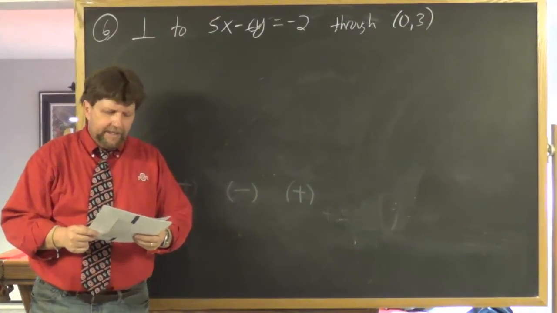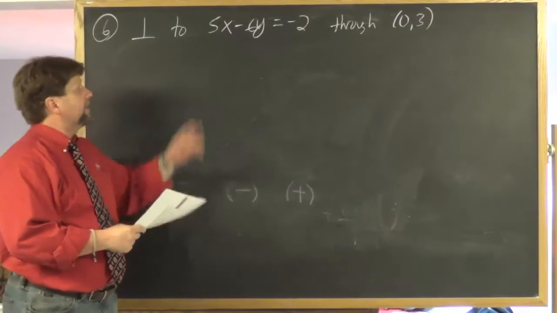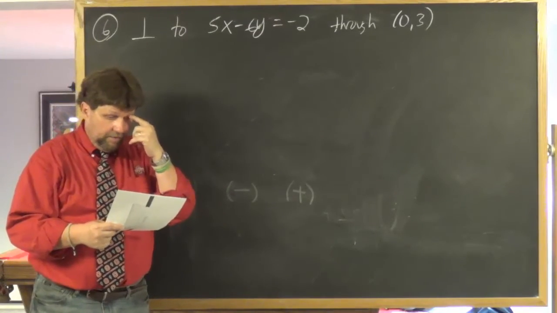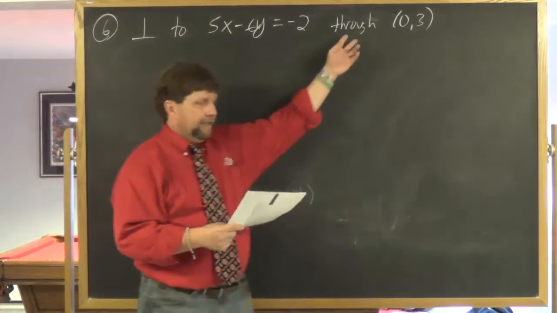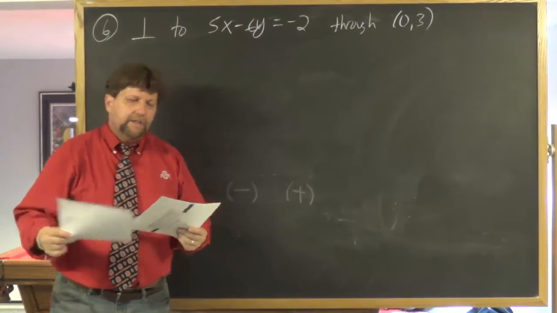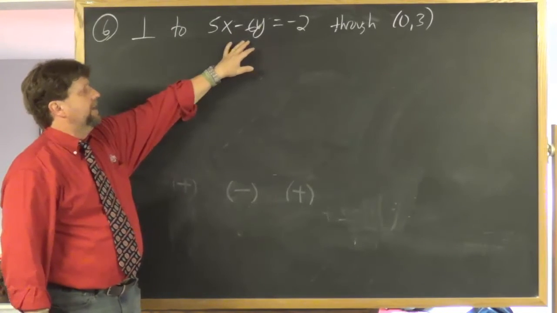All right, here in number 6, I asked you to determine the equation of a line that is perpendicular to this line, and it passes through the point (0, 3). And write your answer in slope-intercept form. We want to come up with a line that's perpendicular to this line.